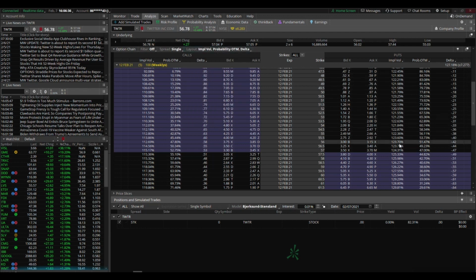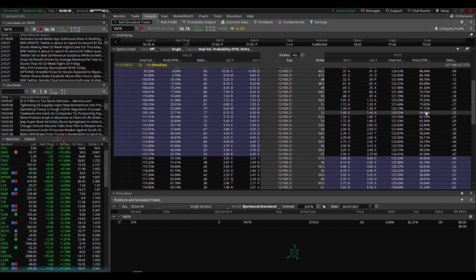What that gives you is an interesting view where you can quickly look at your probability of out of the money. Remember that we said that we would look at the 84% chance of a stock being out of the money, which would give us plenty of headroom to be within that 1 standard deviation.